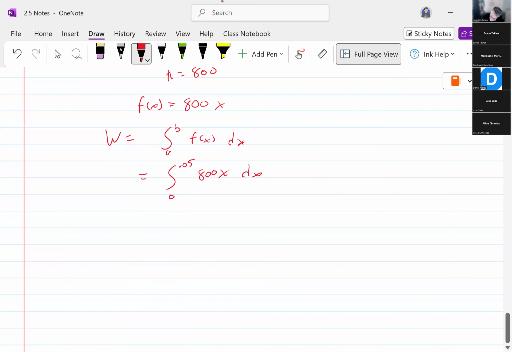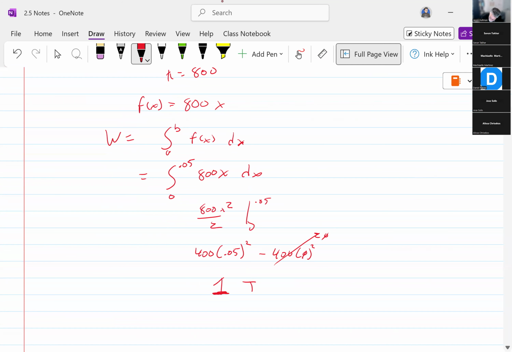I'm going to make this 800x squared over 2 from 0 to 0.05. This is 400 times 0.05 squared, minus 400 times 0 squared, but that's going to go to 0. If I plug this into a calculator, I get 1.